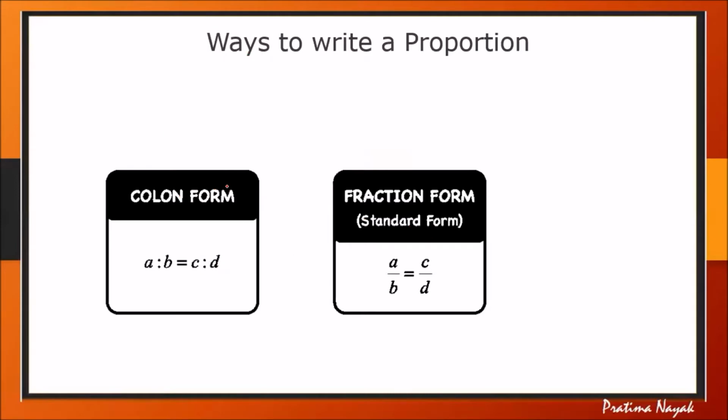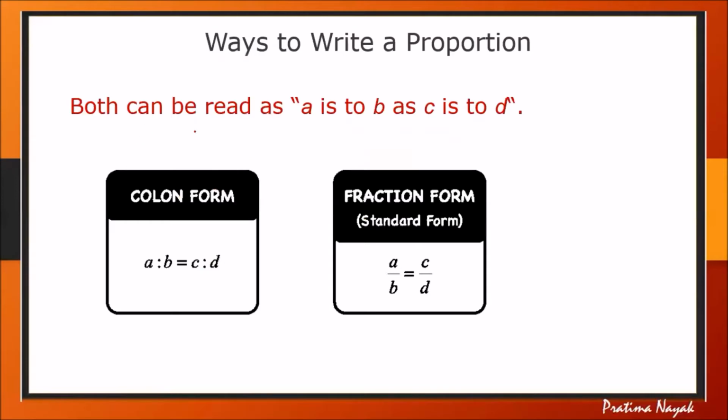Two ways we have already learned. We read as A is to B and C is to D.